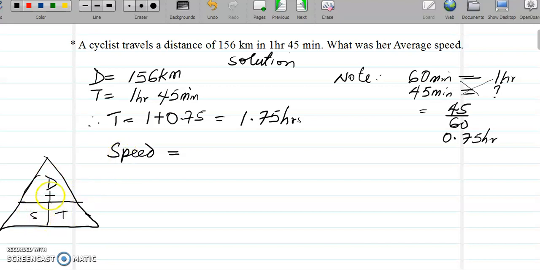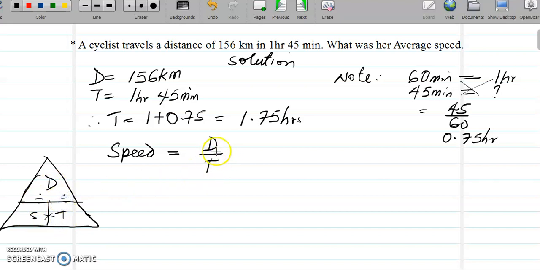Speed means distance over time. Time is distance over speed. Distance is this multiplied by this.